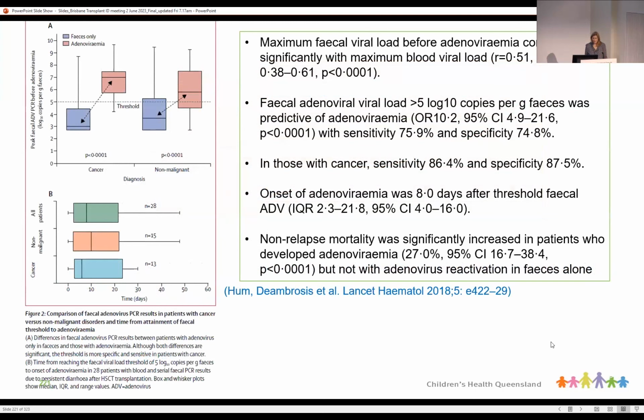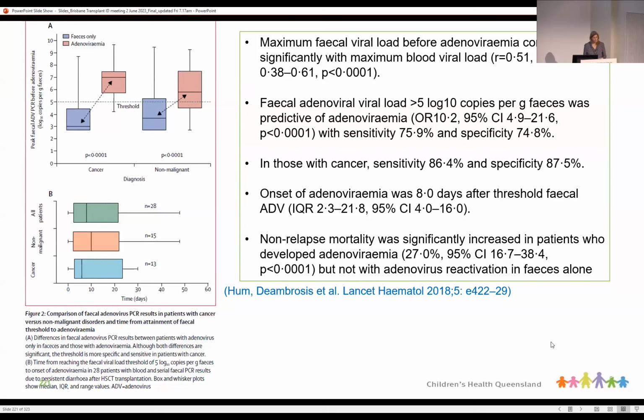And then more recently, a group in the UK from Manchester have also done a very similar thing and suggested that a fecal viral threshold of greater than 5 log10 predicts adenoviremia in pediatrics. And that in cancer patients, rather than non-malignant diagnoses, there is a sensitivity and specificity which is nearly 90%.